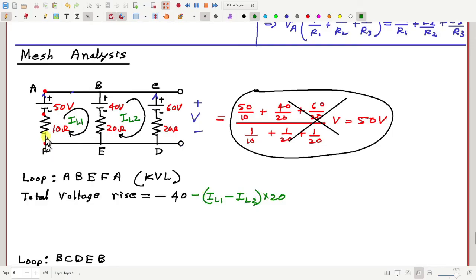Then from F to A, we have 10 ohm multiplied by IL1, a voltage drop, and then a voltage rise of plus 50 volt. This should be equal to 0.